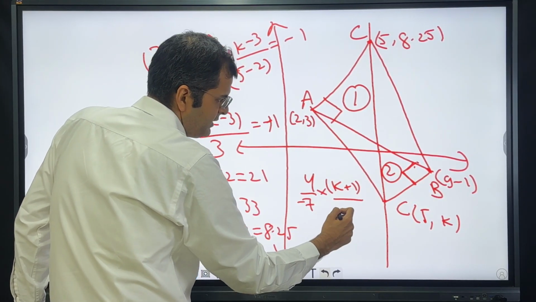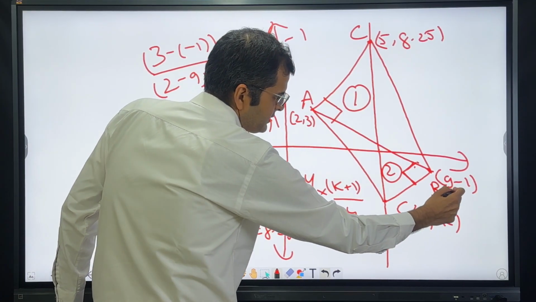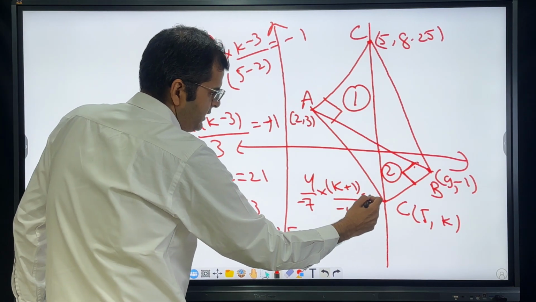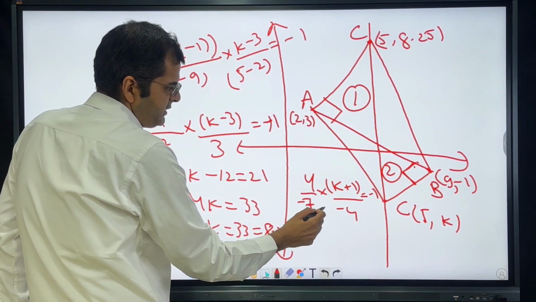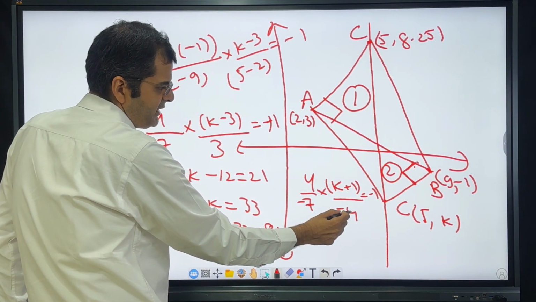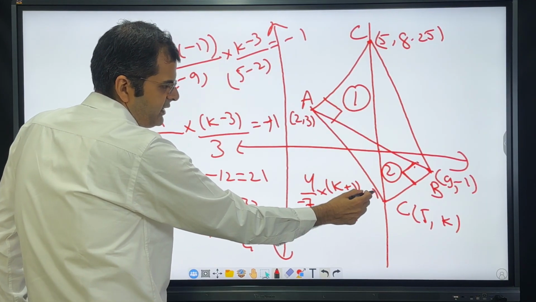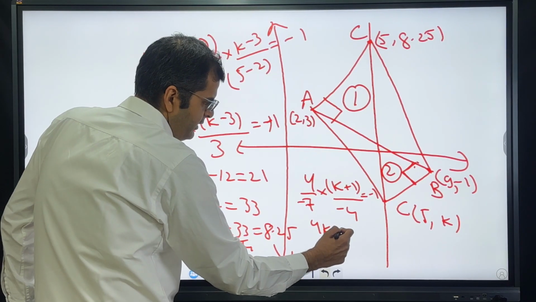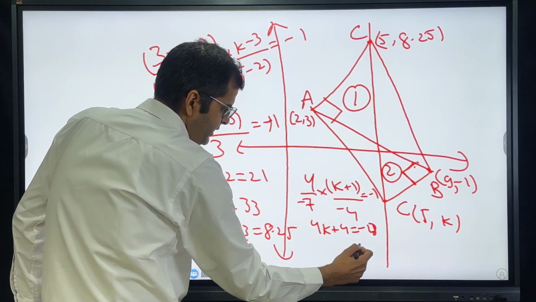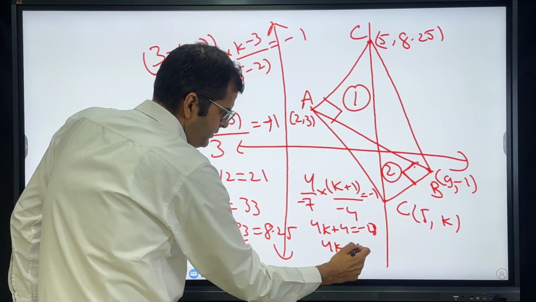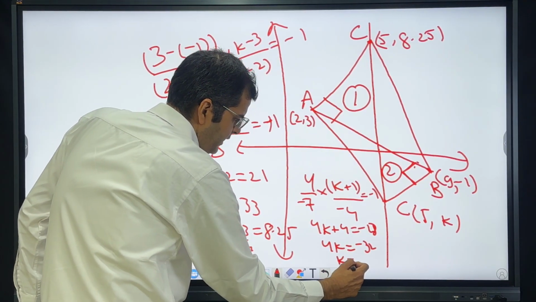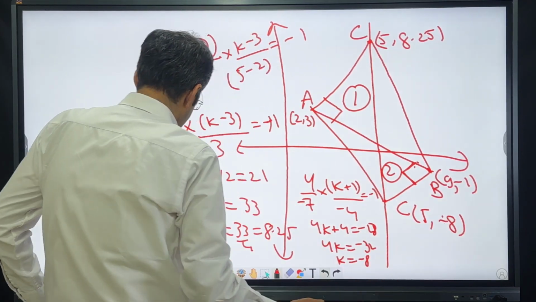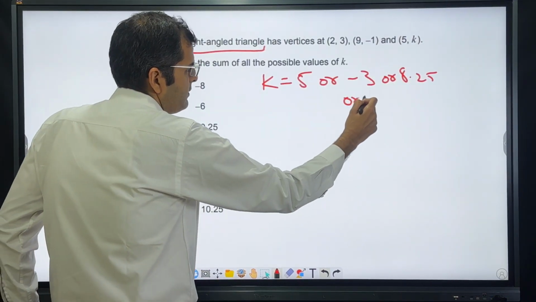Okay, this is (9, -1). 5 minus 9 is -4. That is equal to -1. So -7 into -4 is plus 28. Plus 28 goes there, multiplied by -1 becomes -28. This is 4k plus 4 is equal to -28. Or 4k is equal to -32. Or k is -8. So the last value that I get for k is -8.